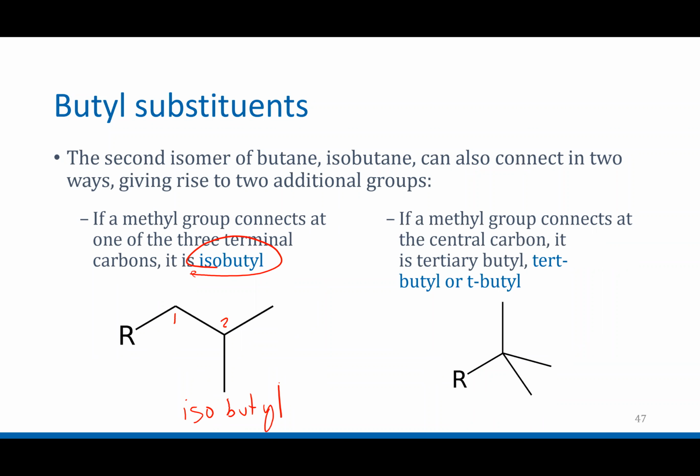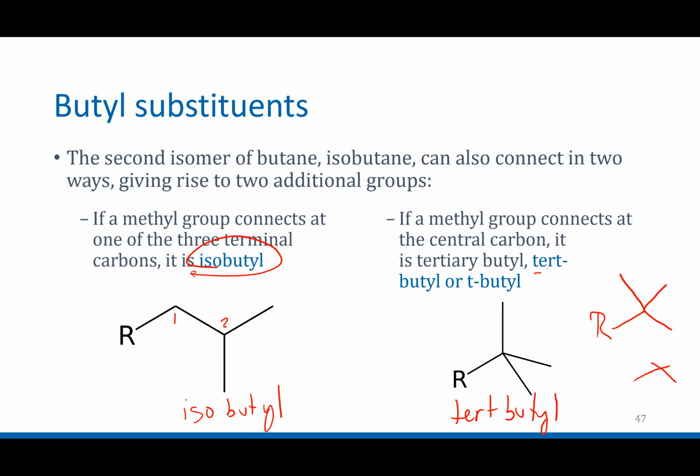And the last one is the easiest one because it kind of looks like a T. Depending on the computer software that draws it, but when I drew it on the other slide, it kind of looked like a T, right? This would be tert-butyl. And the reason it's called tert-butyl is because it's a tertiary carbon.